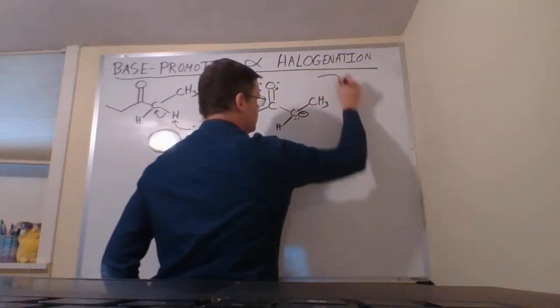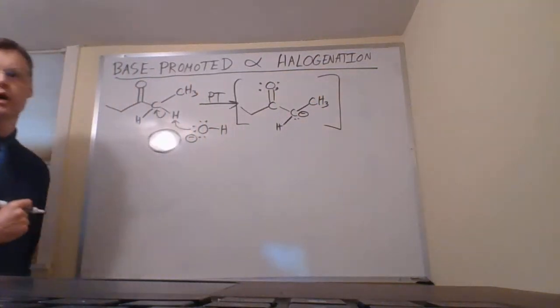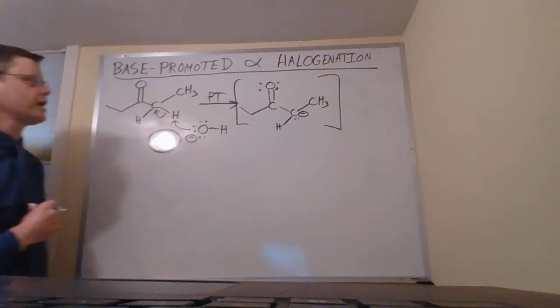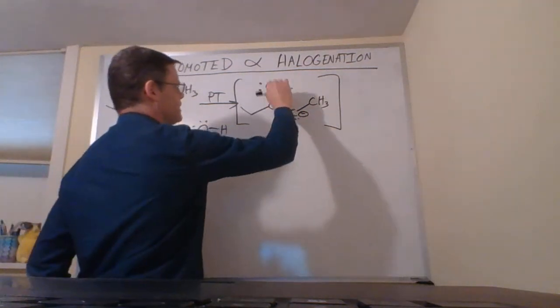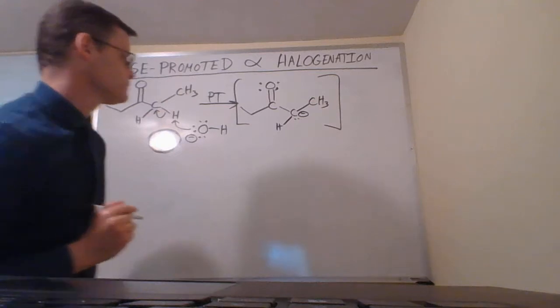Okay, and that makes our enolate ion. This is one resonance form of the enolate ion. We could have another resonance form where the negative charge is on the oxygen.